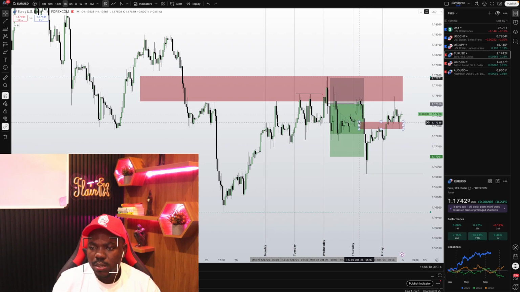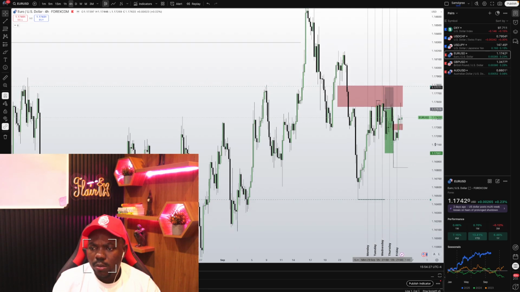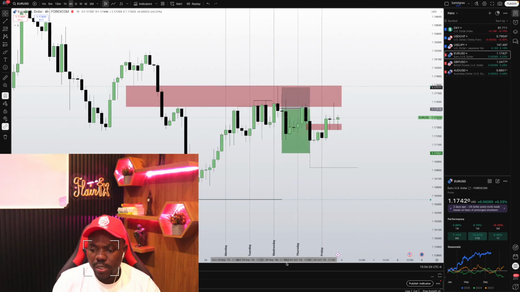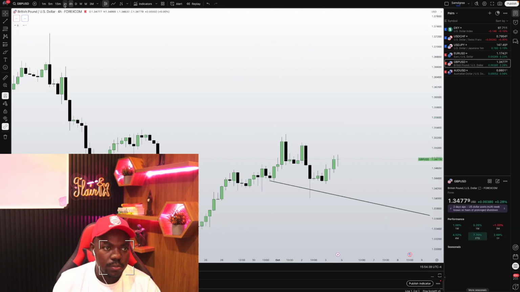I was hoping this 4-hour FVG would hold the trade down, but it broke. This whole week's price action was messy, messy. Then on Thursday, messy Thursday.